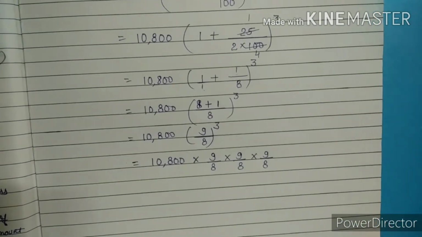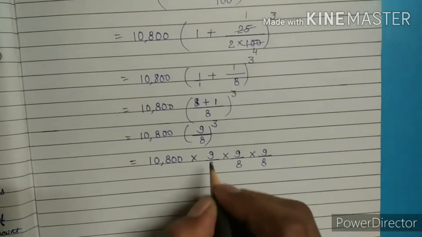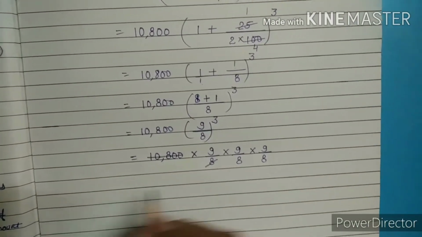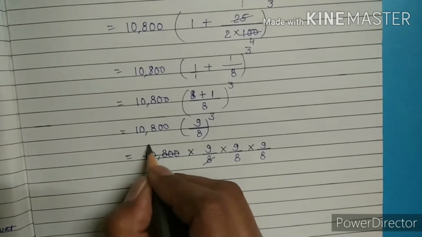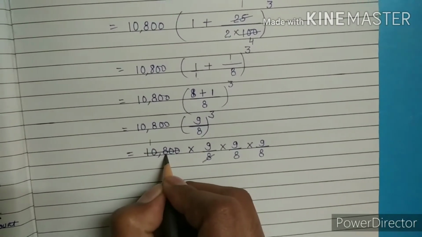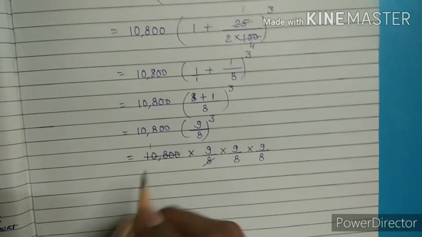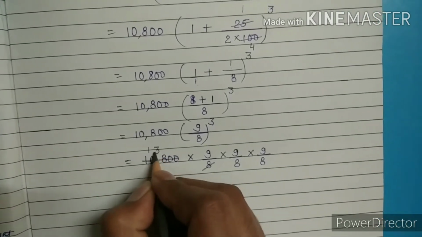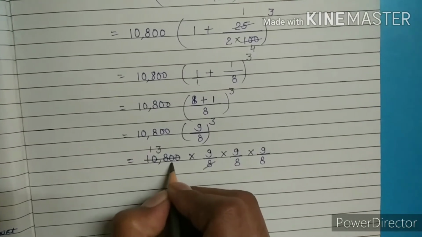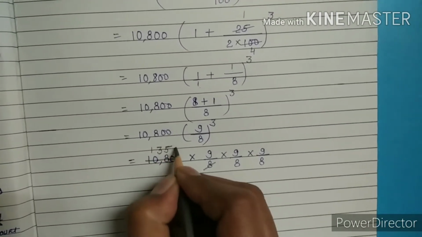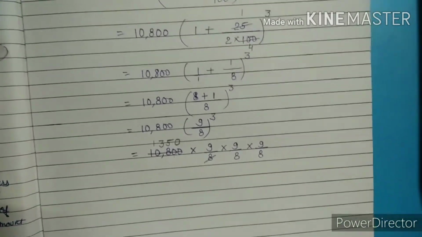Now when we reduce it with the table of 8 and 10,800: 8 1s are 8, 2 goes near 8 and 28 becomes 24, which comes 3 times. 4 goes near 0 and 40 comes, 40 comes 5 times and 0 as it is.